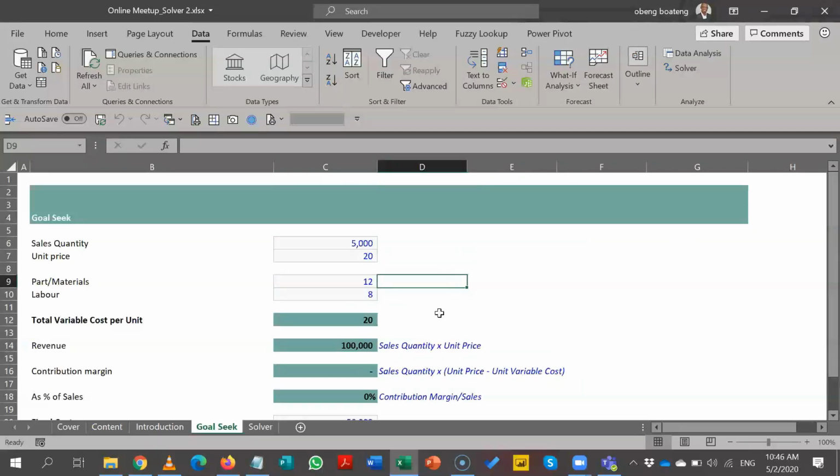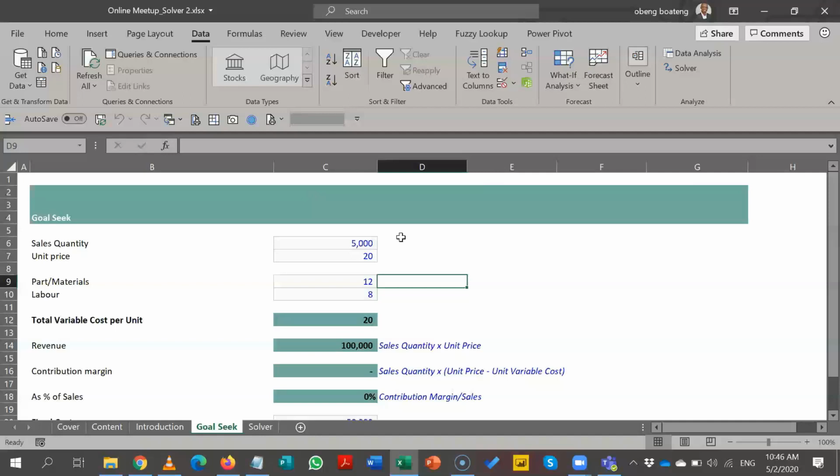We normally use goal seek when the decision variable is only one. We change that decision variable to give us an expected output. We did it on the price we should charge to break even. Then we used solver to check a situation where we have constraints on sales quantity and material parts. Once the decision variable becomes more than one, you have to transition to solver.